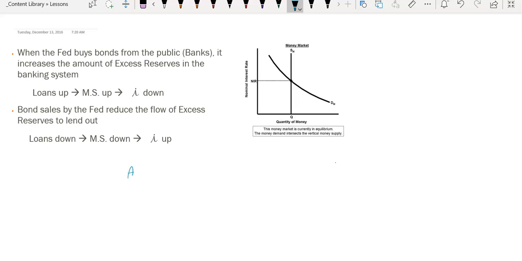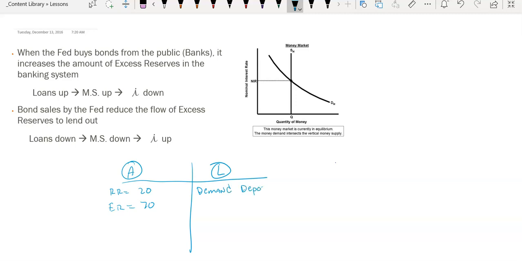So if we go back to our assets and liabilities table, assets are things you own, liabilities are things you owe. So you have required reserves. Let's say we have $20 in required reserves. And excess reserves, we have 70. We have a total demand deposits, meaning money that is owed, of $100.